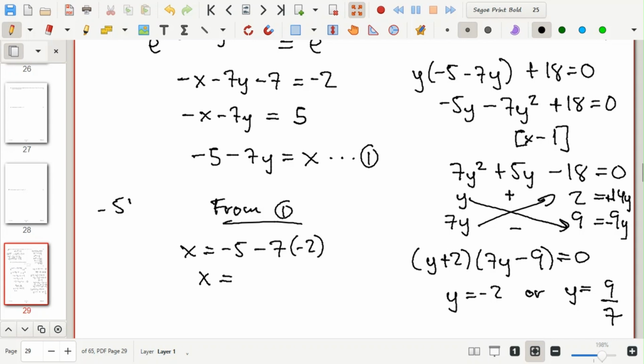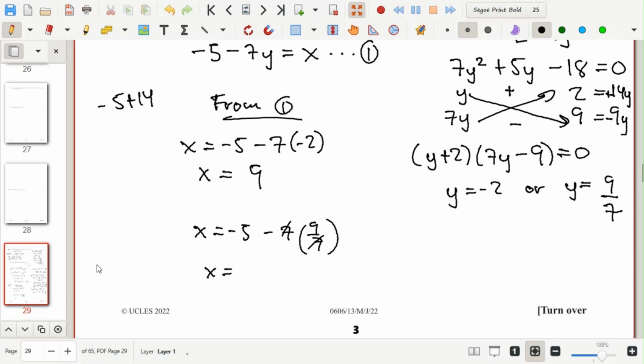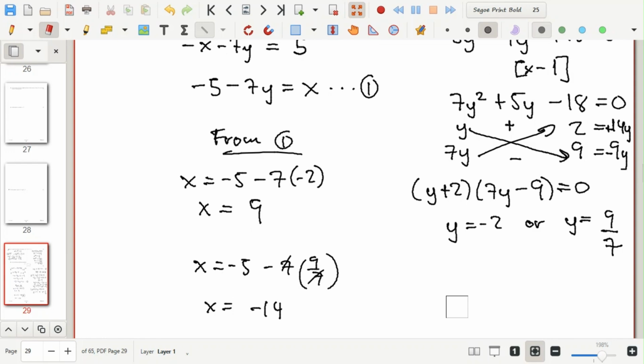There's negative 5 plus 14, and this will give you 9. And when, let's take the other point, when y is 9 on 7, you get x to be negative 14. So that's it.